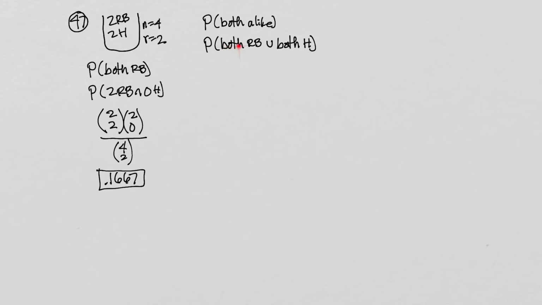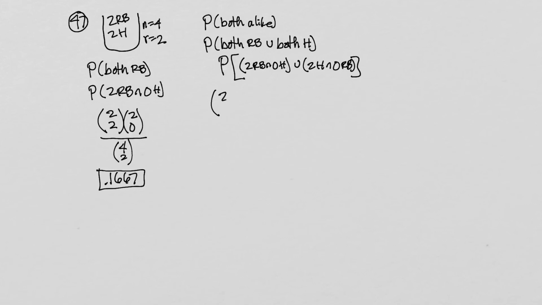So again, I'm going to get these in terms of everything I've got in here. So to get both roast beef, this is going to be the probability. I'll use the square bracket here. We want 2 roast beefs and 0 hams, or we want 2 hams and 0 roast beef. Close and close.